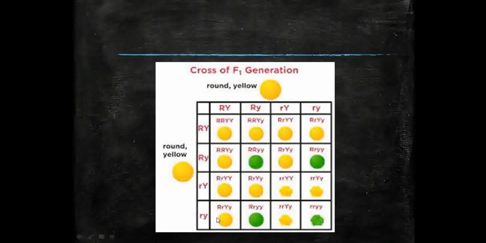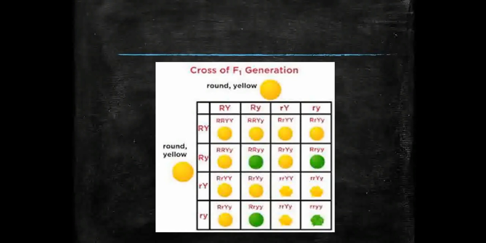This is round and yellow colored, round and green colored, wrinkled and yellow colored, and wrinkled but green colored. So in this pattern we will get the F2 generation.